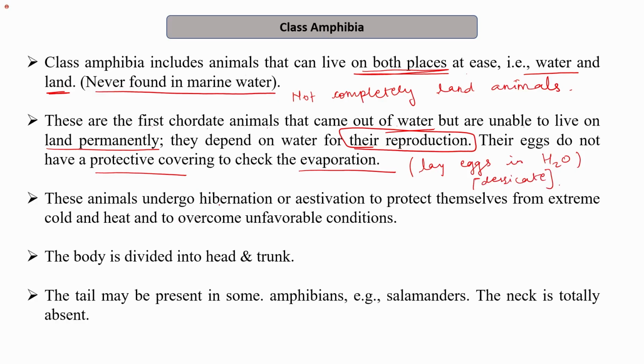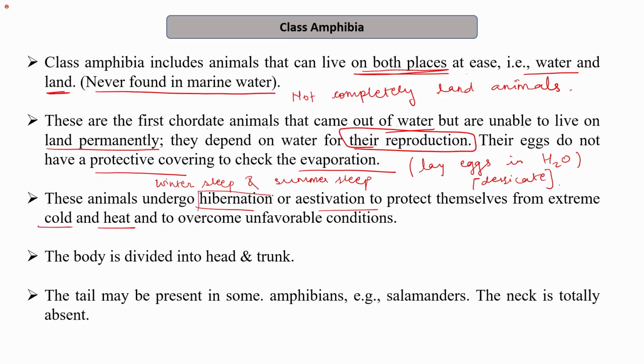The animals undergo hibernation or estivation, that is, the winter sleep and the summer sleep. Hibernation is the winter sleep and estivation is the summer sleep, to protect themselves from extreme cold and heat.